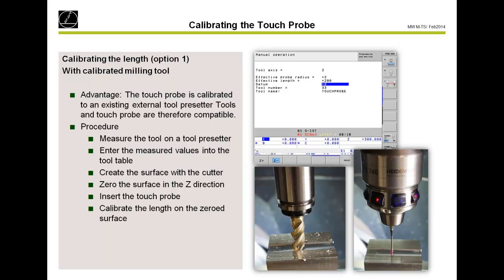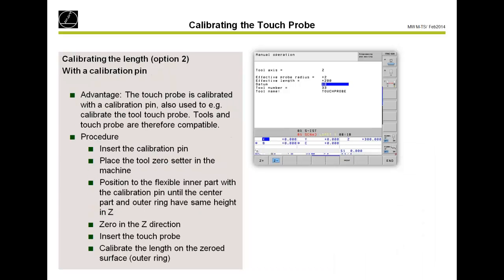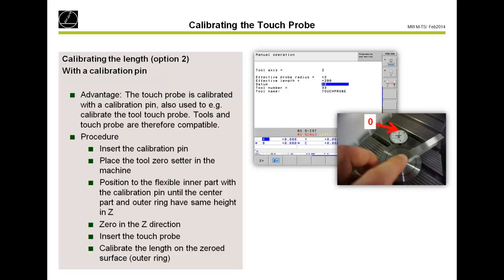Then the lengths of the milling tools are combined together with the touch probe system. For example, you can also measure the milling tool in an external system, bring it to the control, insert the values in the tool table, and then start with the calibration here.